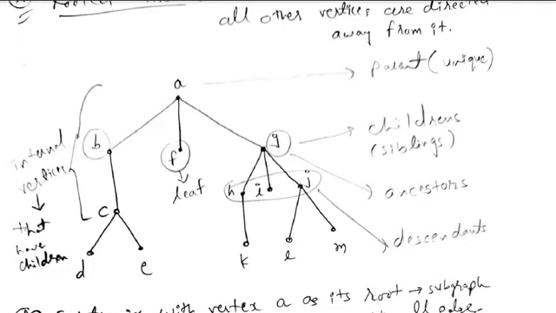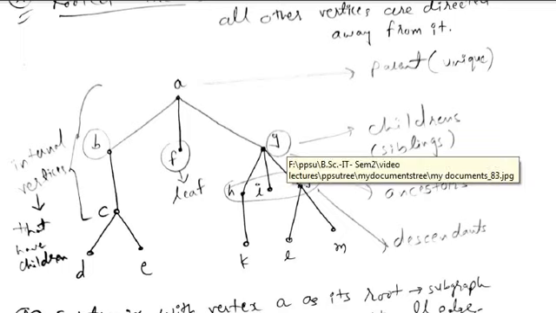The same concept is mathematically implemented here. If A is the root of this graph, I can call it the parent, and it must be unique. Its children are B, F, G. B, F, G are called children.